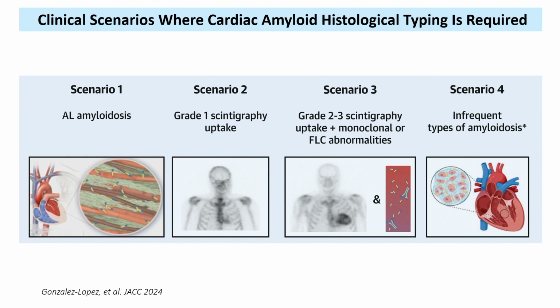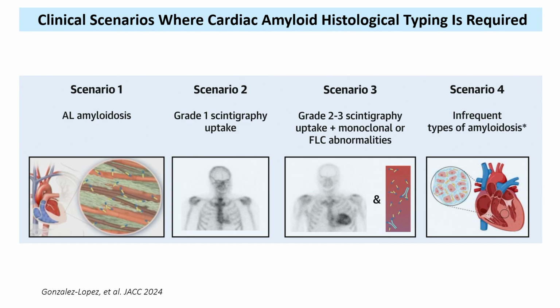A second scenario that has to be tested with biopsy is patients with a grade 1 scintigraphy uptake, because these patients are at risk of having AL amyloidosis or other types of amyloidosis, or also are at risk of having other cardiomyopathies. Obviously, the third scenario is the presence of a grade 2-3 scintigraphy uptake and a monoclonal protein, as mentioned before.